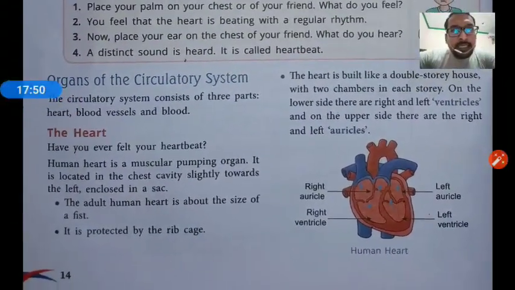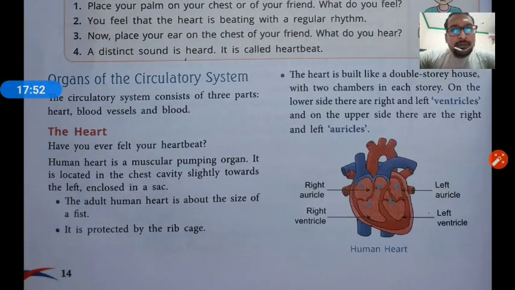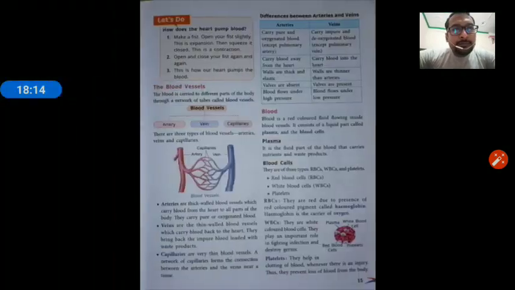Here you can see the headline which is showing organs of the circulatory system. So here it is given, the circulatory system consists of 3 parts: heart, blood vessels and blood. So this completes your answer number 1.